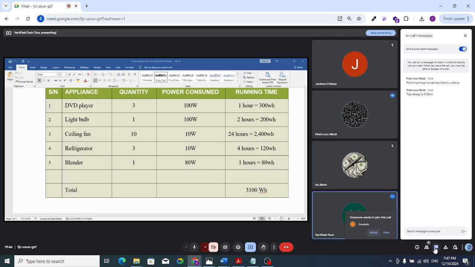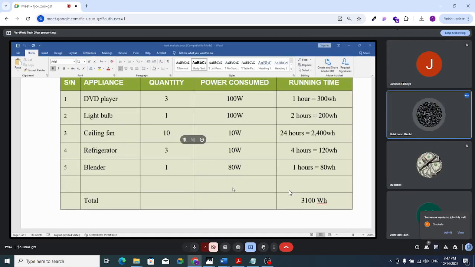So at this point, this is the stage where you would say that the energy need of this facility is 3100 watt hour.